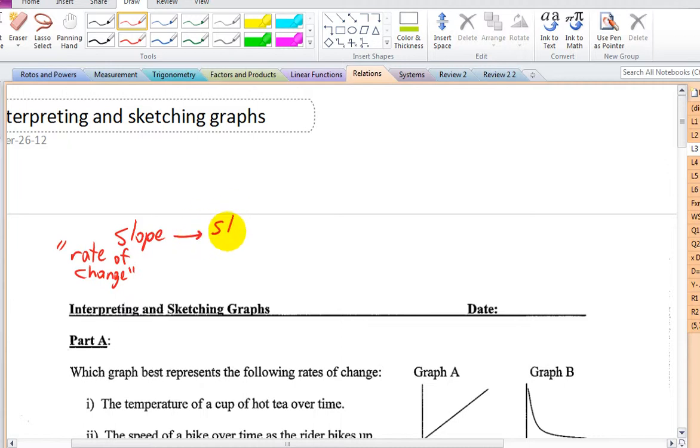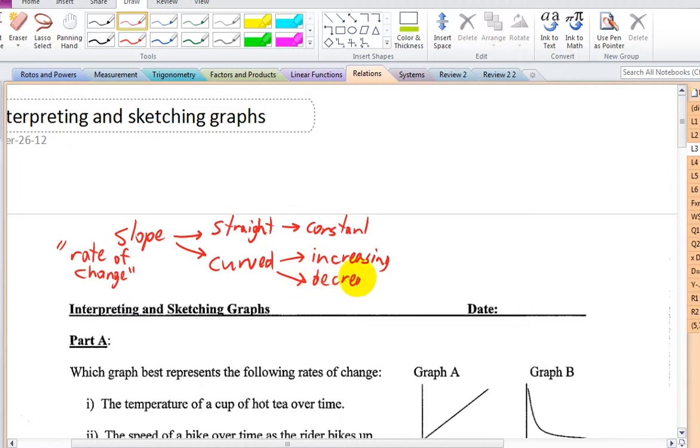It can be a straight line, and that means that it is constant. Or it can be curved. If it's curved, then it can be increasing, or your rate of change can be decreasing. Okay.